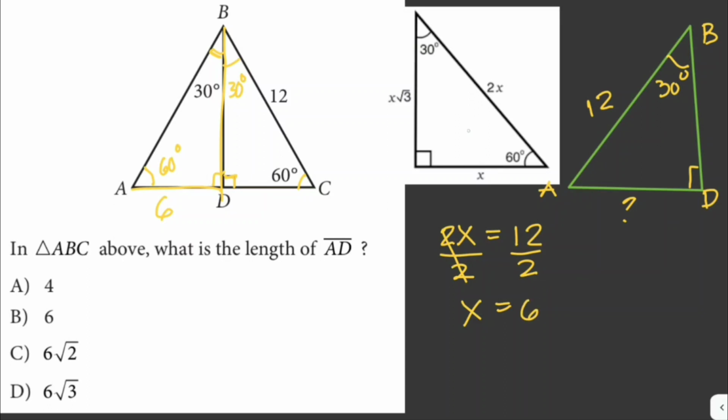Okay, x here is the opposite of 30 degrees angle, and in triangle ADB, our x is side AD, therefore AD is just equal to 6. So the answer here is letter B.